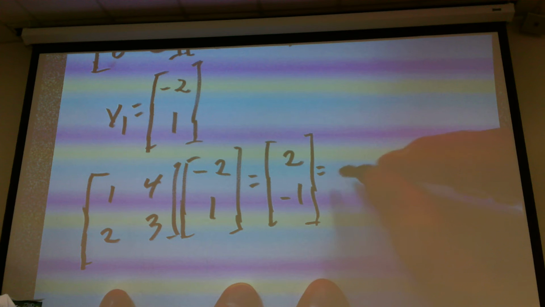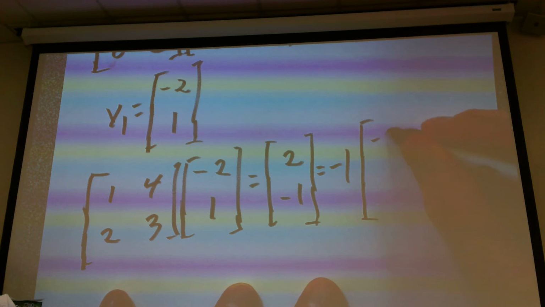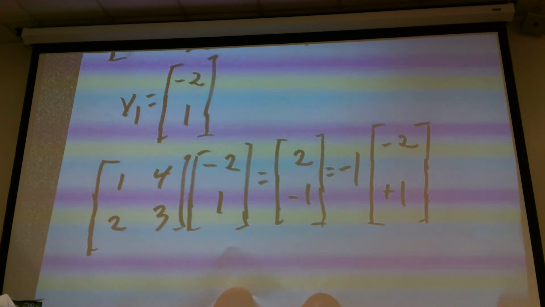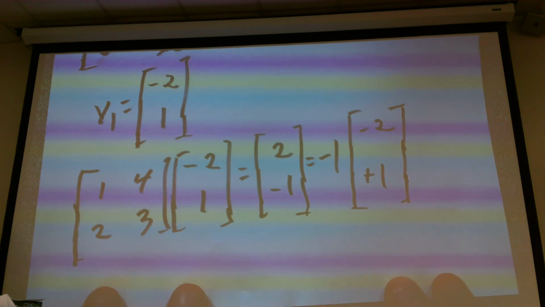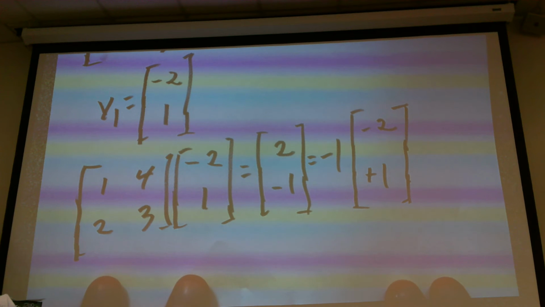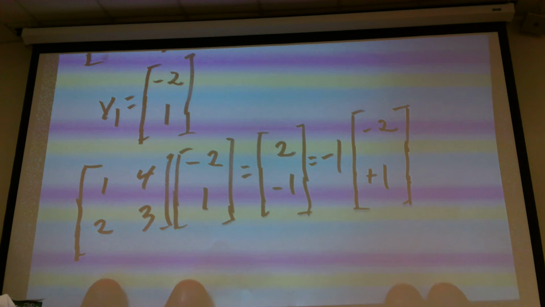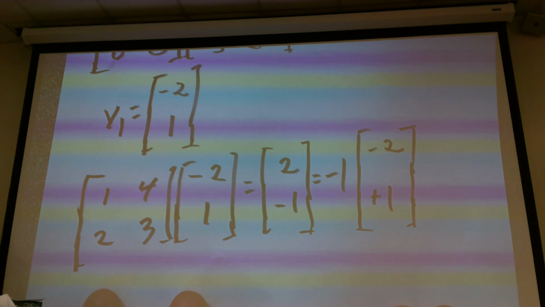Okay, and that does equal negative 1 times negative 2 and positive 1. So, positive 1. So we do have the correct first eigenvector, that negative 2, 1. All right? So let's find v2.